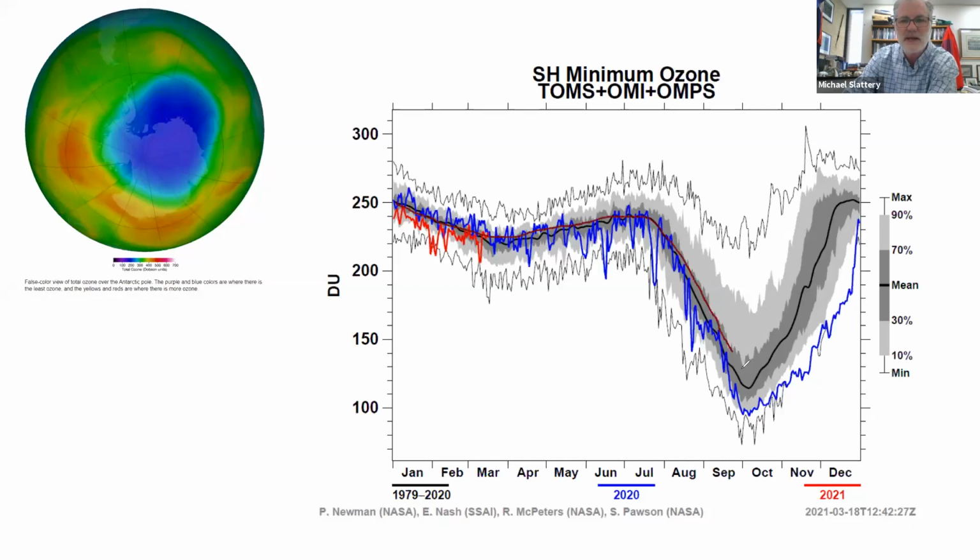That solid black line is the 1979 to 2020 average. The blue curve is last year, 2020, right? And all the shaded stuff just captures all of the data. So that's all of the data in the dark grays and 90% of the data and 80% of the data. You don't have to worry about that. And I've included here this year up until last week.